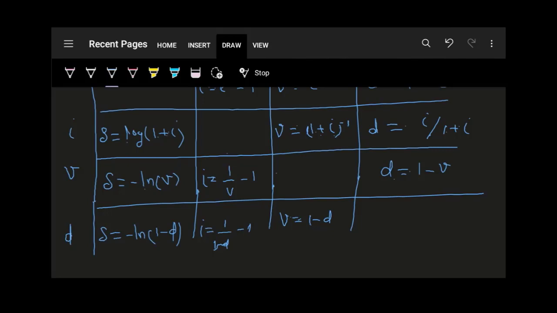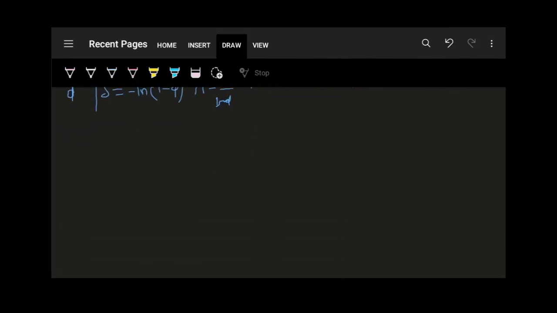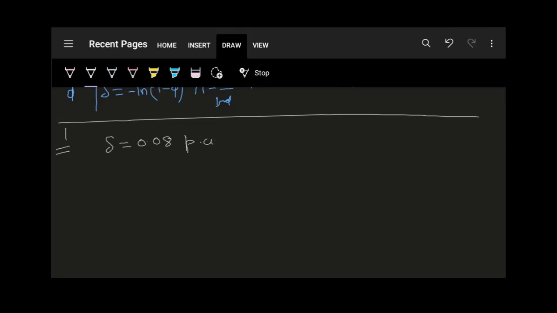Now we'll do some questions to practice the concept that we have learned, and we'll use these formulas extensively. In the first question, I am given an amount of 500 that is being invested at time 0 at the rate of 8% per annum force of interest. So delta is equal to 0.08 per annum, and I want to calculate the accumulated value after 3 years.